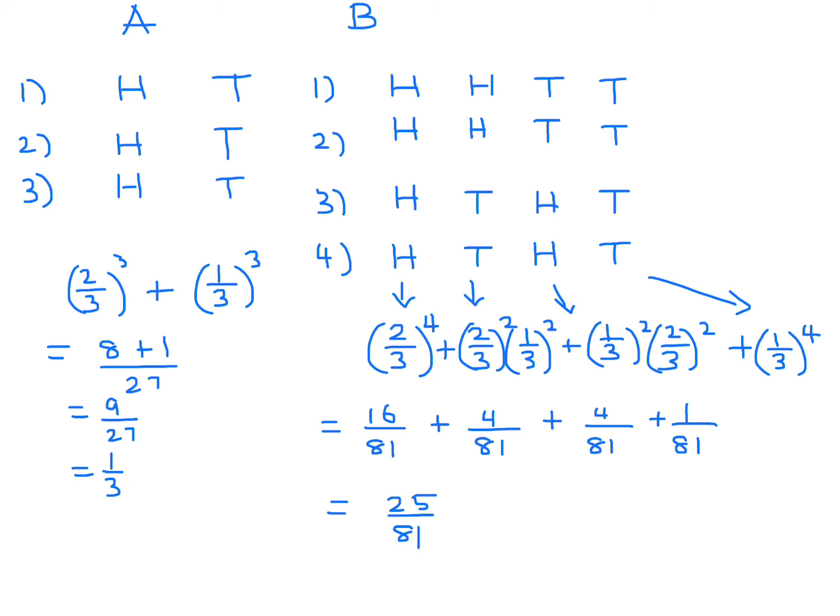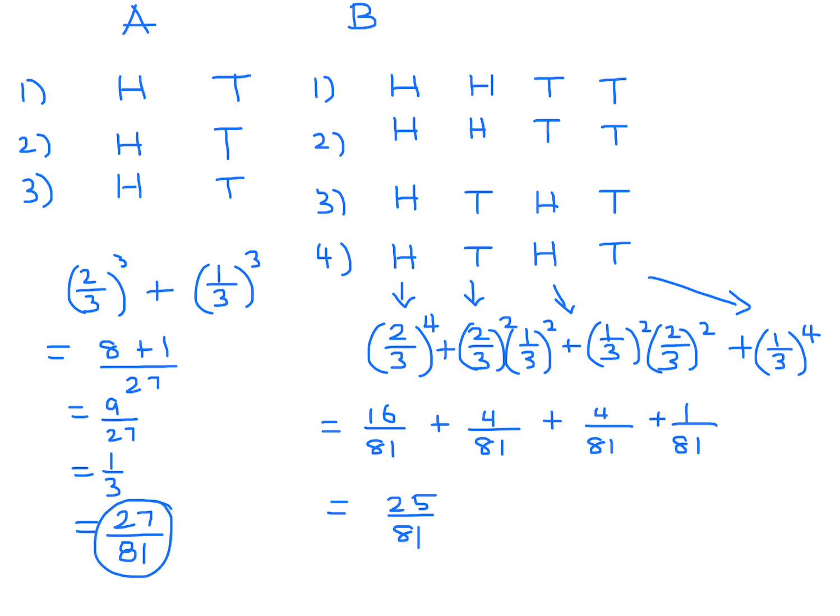All right, so that's the probability of winning game B. So we have to compare 1/3 to 25 over 81. 1/3 is obviously bigger, I believe, not by much, but it's bigger. If I use the common denominator, we would multiply this by, it would be 27 over 81. Yeah. So yeah, game A has a higher probability of winning.